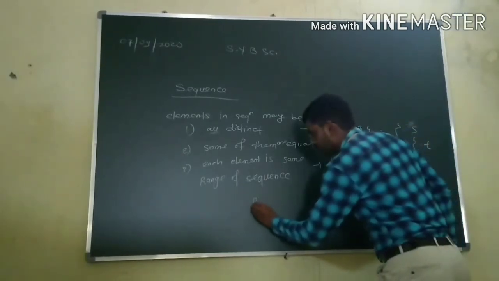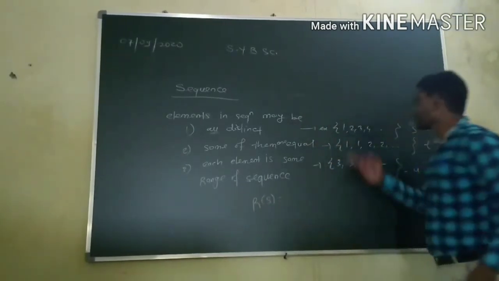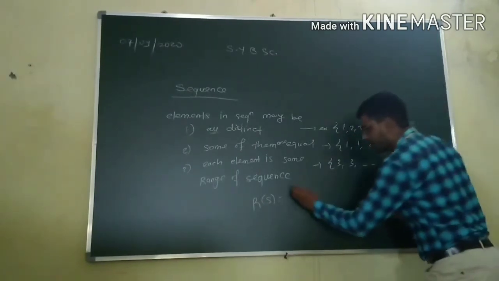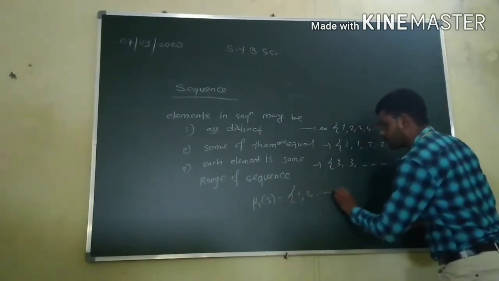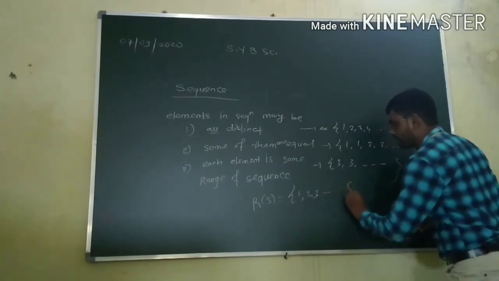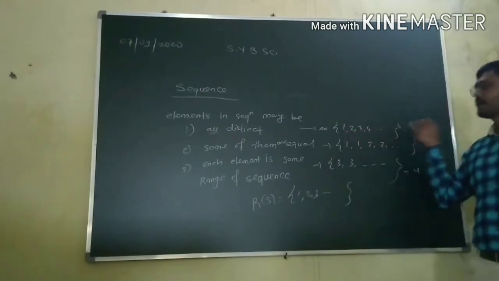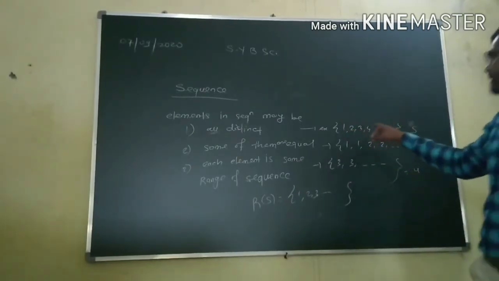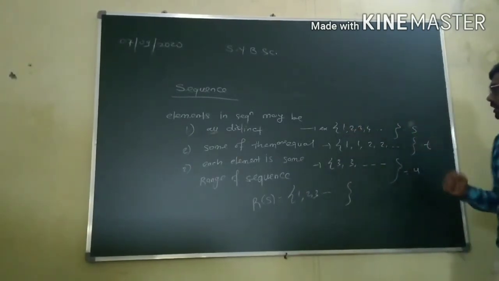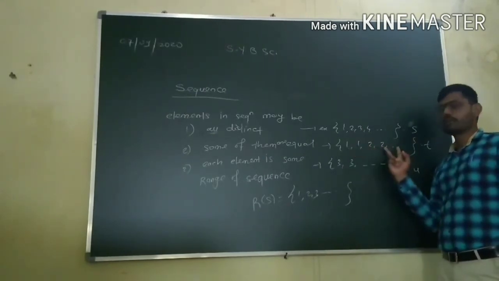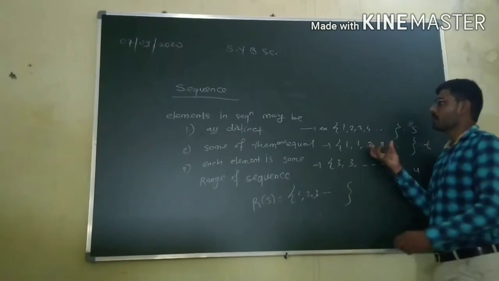Now each element is distinct, so the range of the sequence is the whole sequence: every element 1, 2, 3 and so on. Since each element is different, the range contains each element of the sequence. Now this is also an infinite sequence. We will take another example for more details.